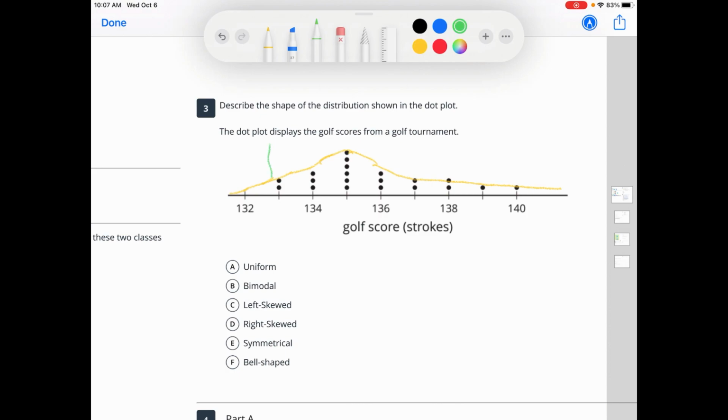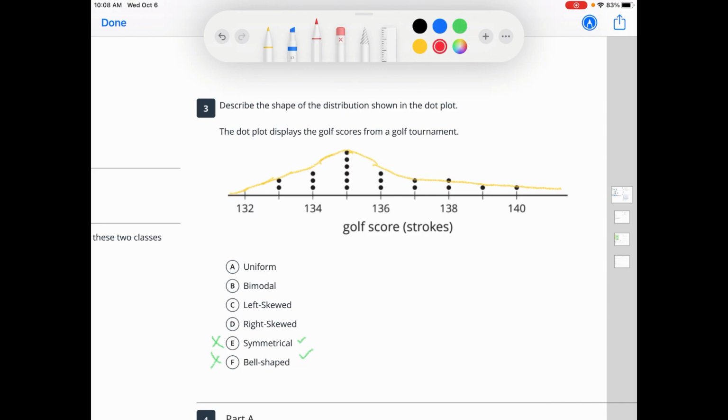Now, if it was just this right here in the green, that would have been symmetrical and bell-shaped, but it's not just the green box. So I would say it's not E and F.